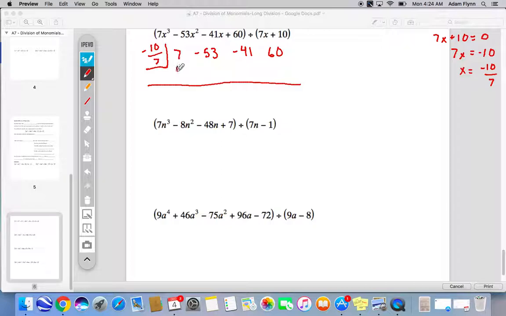So I'll drop my 7. So negative 10 over 7 times 7 is negative 10. Negative 53 minus 10 is negative 63. Negative 10 over 7 times negative 63 ends up being positive 90.